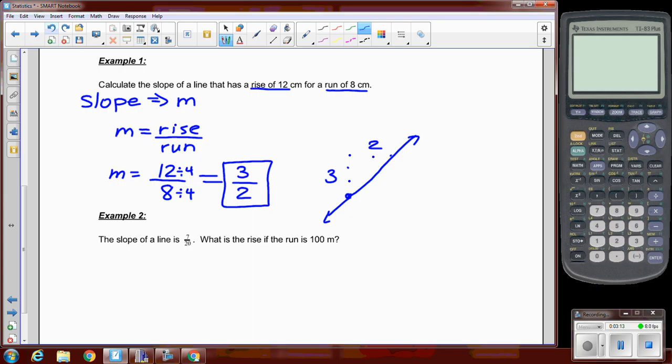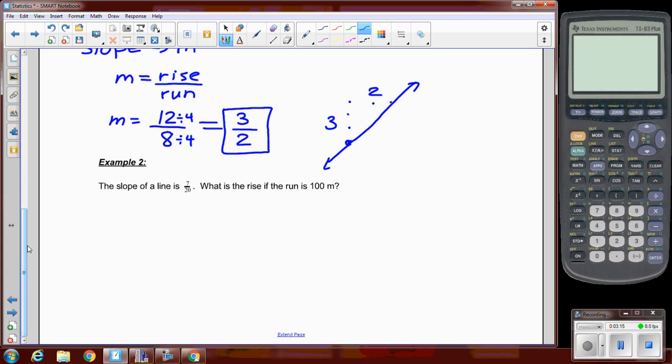So example 2 now. The slope of a line is 7 to 20. What is the rise if the run is 100 meters? We can start by saying, well, we know that slope is rise over run. And this question tells me that the slope is it rises 7 for every 20 it goes to the right.